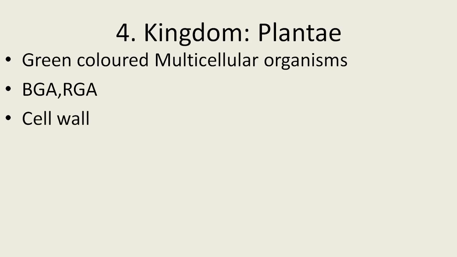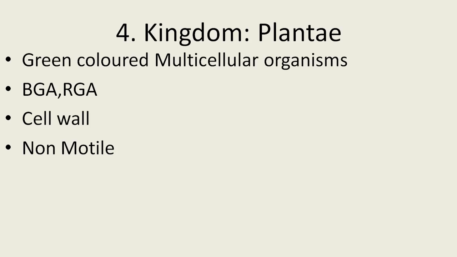Then a major important feature of kingdom Plantae: all cells have an outer cover, a rigid cover. This is the cell wall. Then another important feature, already discussed in the first slide: kingdom Plantae is non-motile, fixed to a substratum.